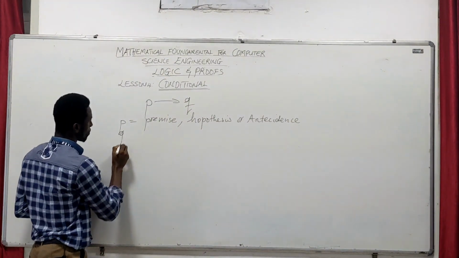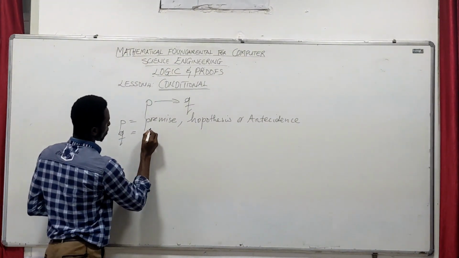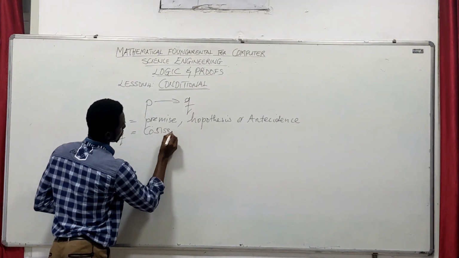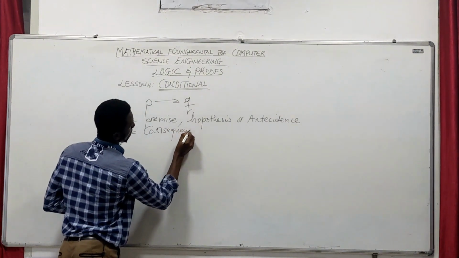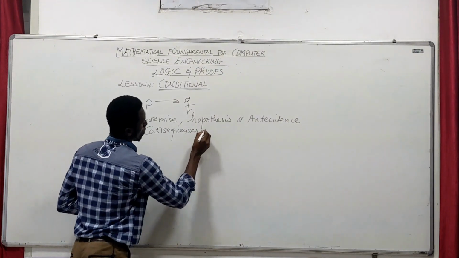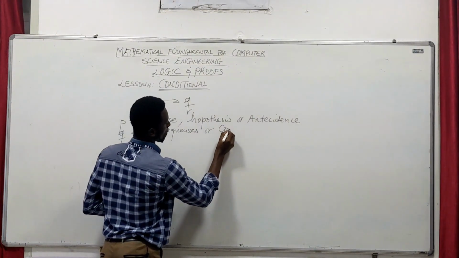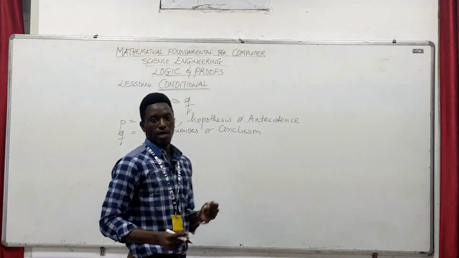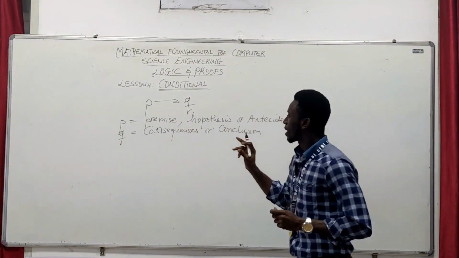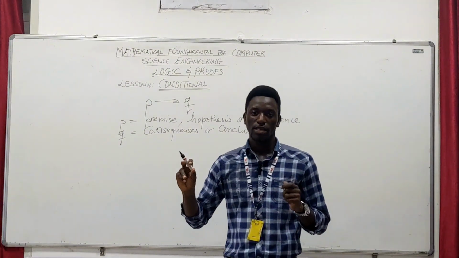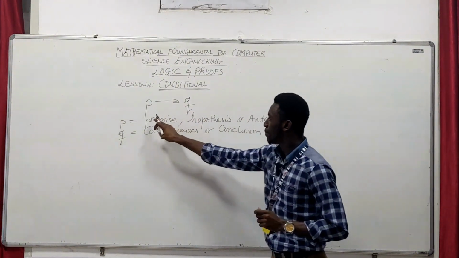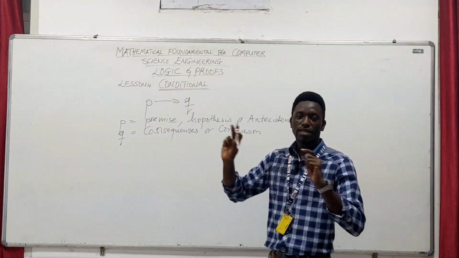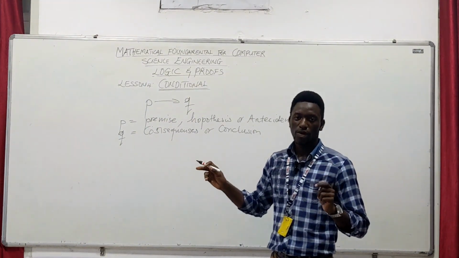And Q is your consequence or conclusion. So here, the statement can only be false if the antecedent or the premise is true. Otherwise, everything is true. Okay?